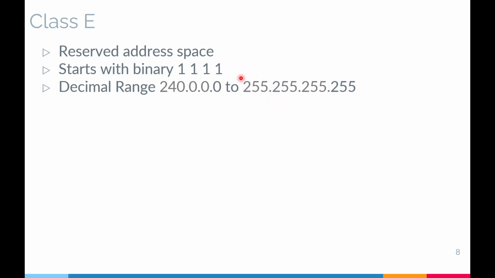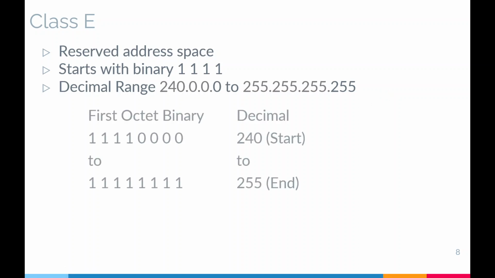So this is the last address of IPv4 because all the octets have ones, right? So this is the binary to decimal: the first 4 bits set to 1 and the remaining 4 bits set to 0. So its equivalent is 240, and then 255 is where all the bits are set to 1.